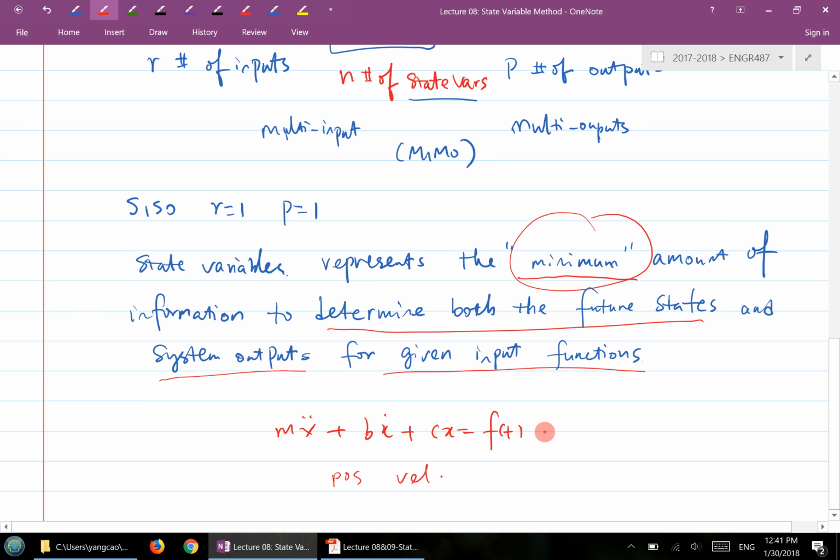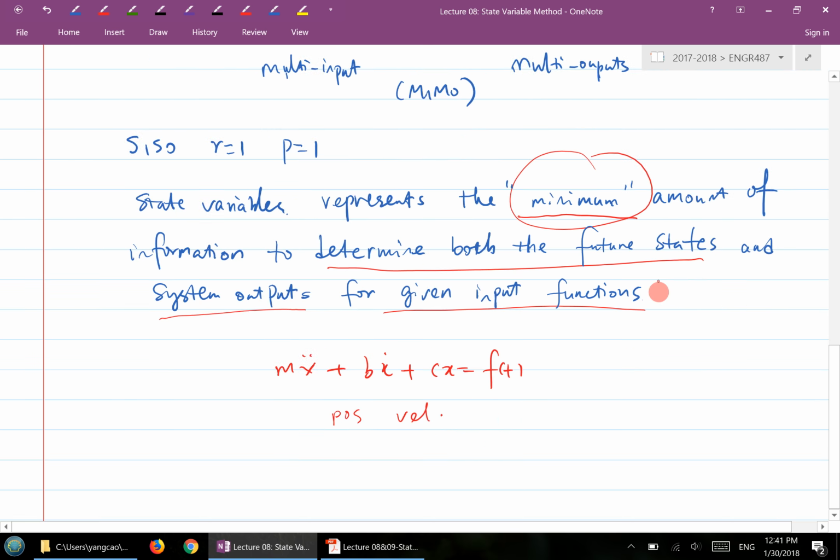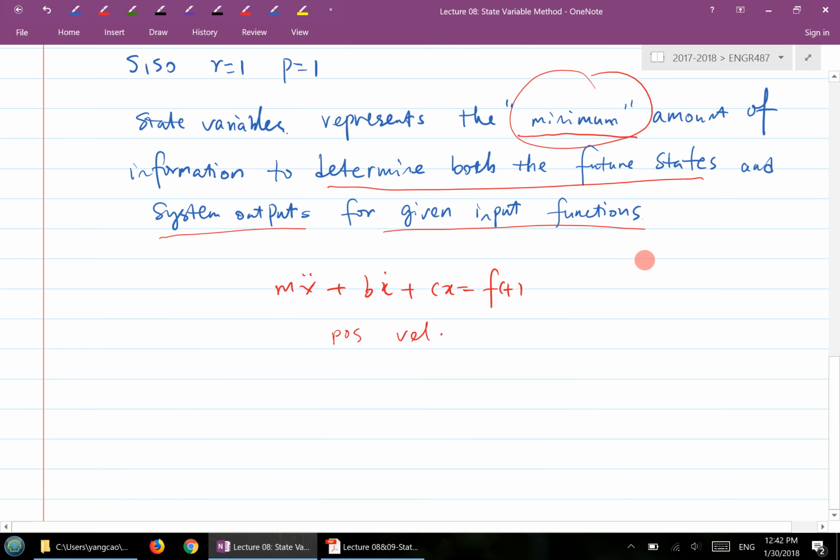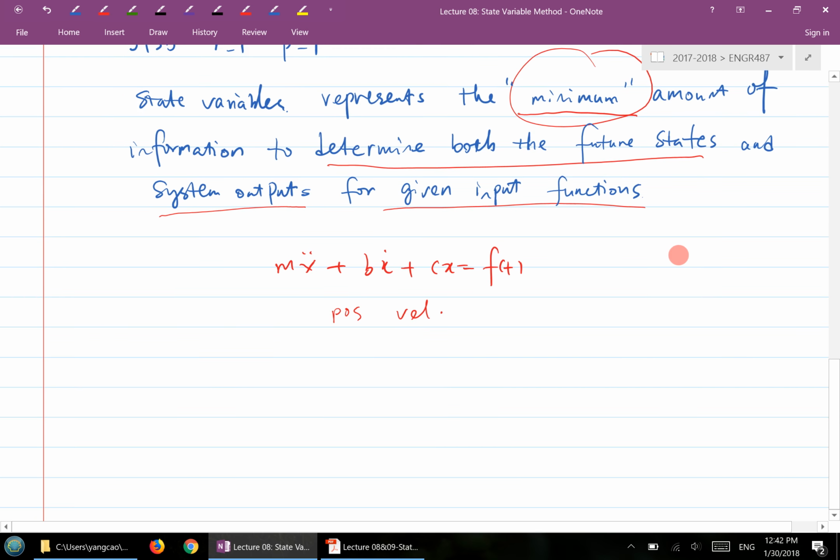In MATLAB there is a function called minimal realization. If you come up with a state space model and give it to the MATLAB function, it can determine whether the model you picked has this minimum characteristic. We'll probably look at this a little later, but for now, just remember that the number of state variables you pick needs to be minimum.